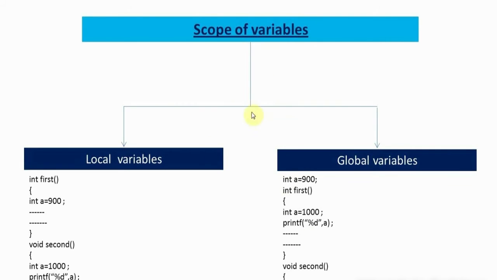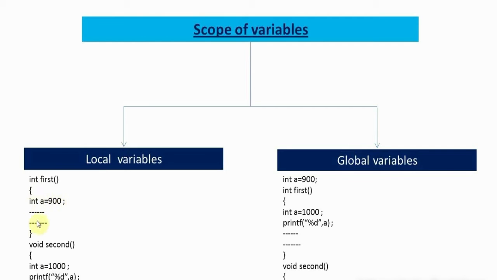Now we will see in this topic of local variables, I will show you that we can declare variables with the same name in different functions, but they will be stored separately. For example, here I have got the function first, whereby I have declared a variable a, or suppose int a is equal to 900.